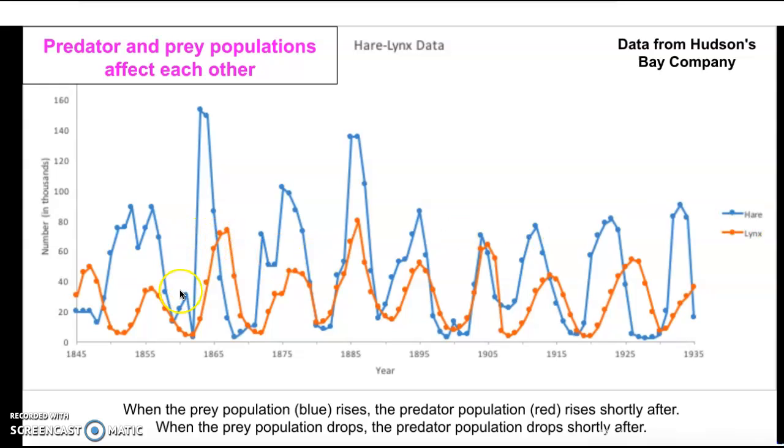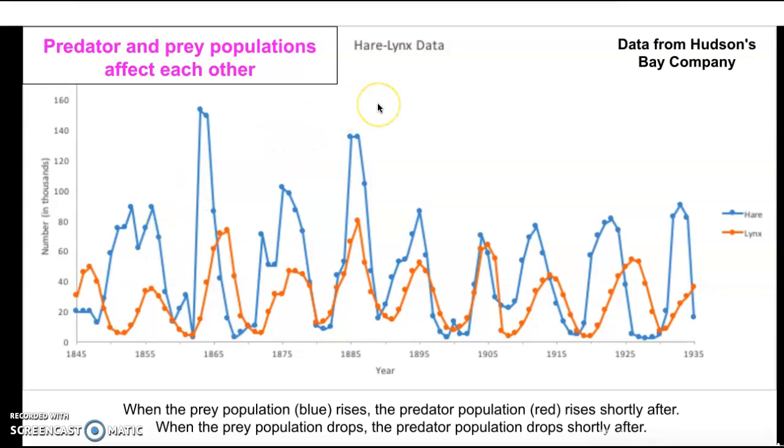What this graph shows is how many coats of hare and how many coats of lynx the Hudson Bay Company was able to get from the hunters, or the trappers we call them, who went to North America. They would trap these animals and sell the furs to the Hudson Bay Company. And this just graphed how much they trapped each year.